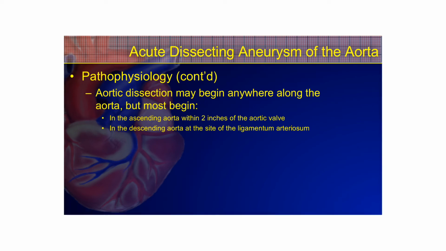Aneurysms of the ascending thoracic aorta are usually caused by cystic medial degeneration, a connective tissue disease in which normal elastic tissue is replaced with cyst-like connective tissue. A mild form is often present in the aorta of older adults. It may be a natural consequence of aging. In younger people, it is accompanied by Marfan syndrome. Marfan syndrome, it's those tall, lanky kids.